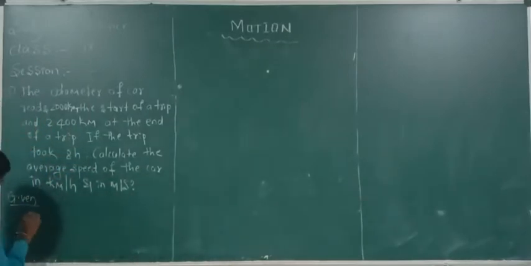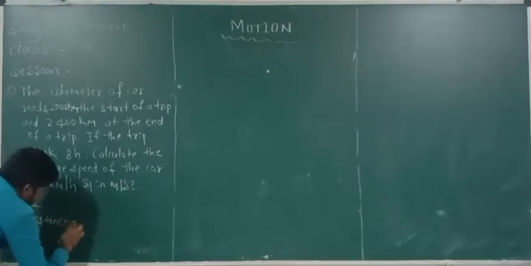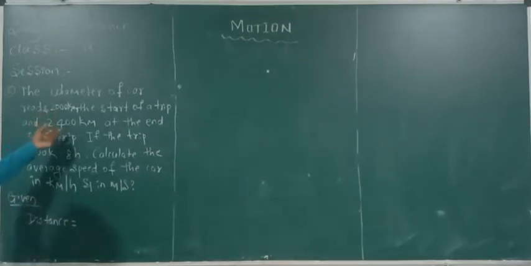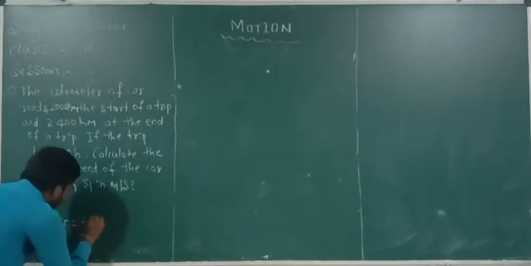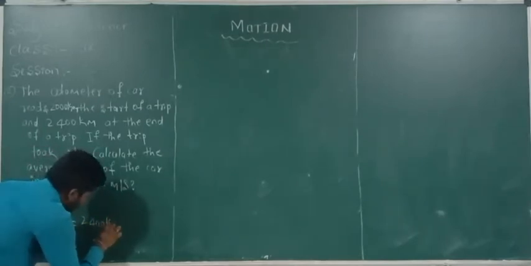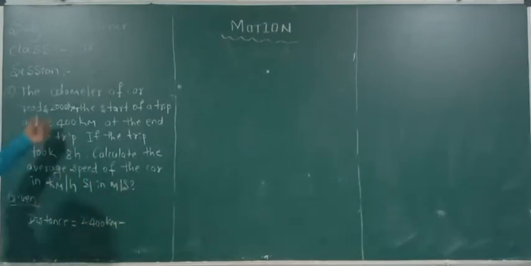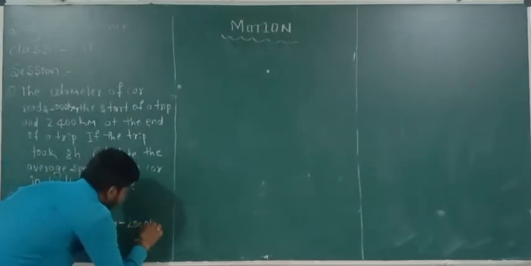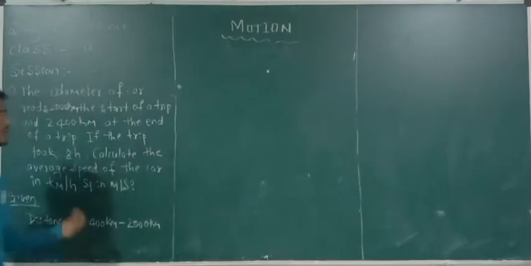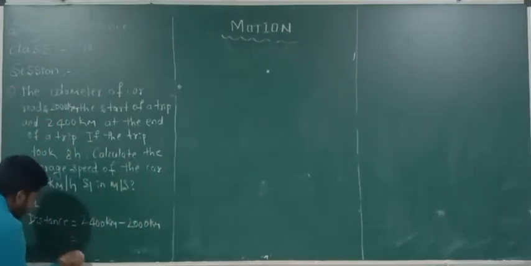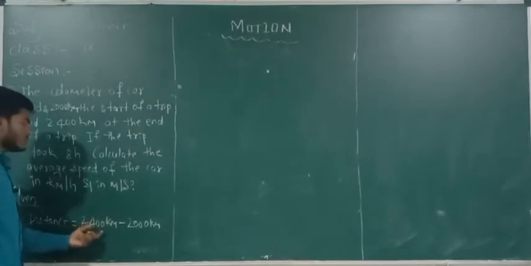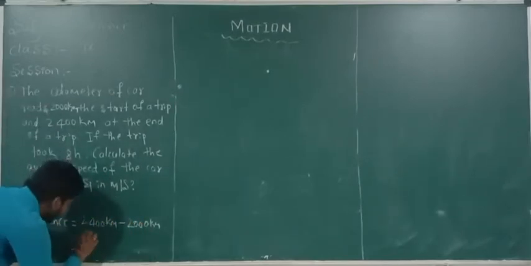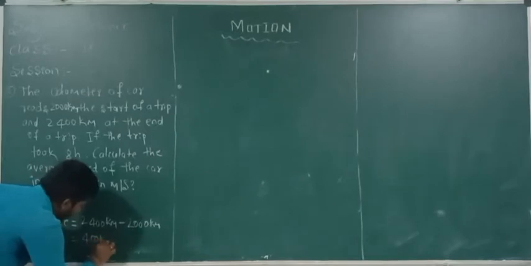So the given distance traveled by the car is, at the end of the trip, 2400 km, minus at the start of the trip, 2000 km. That gives the total distance traveled by the car, 2400 minus 2000, that is 400 km.